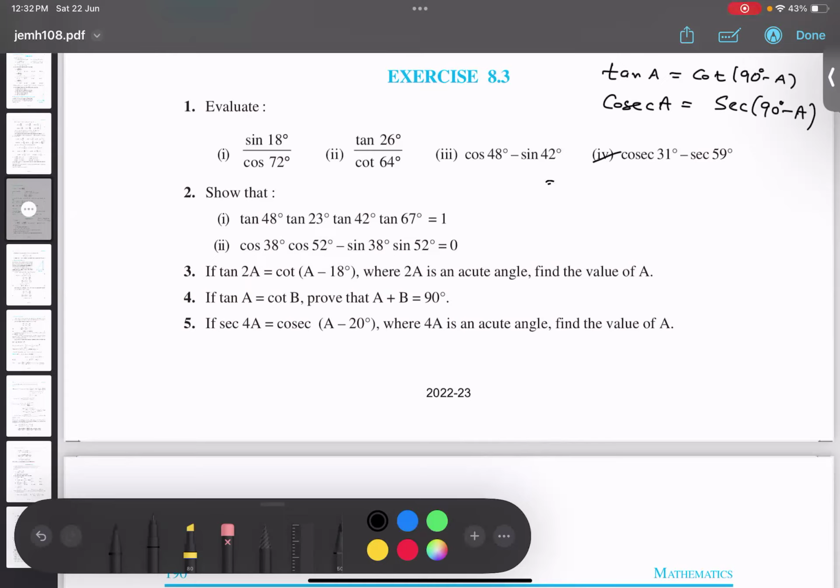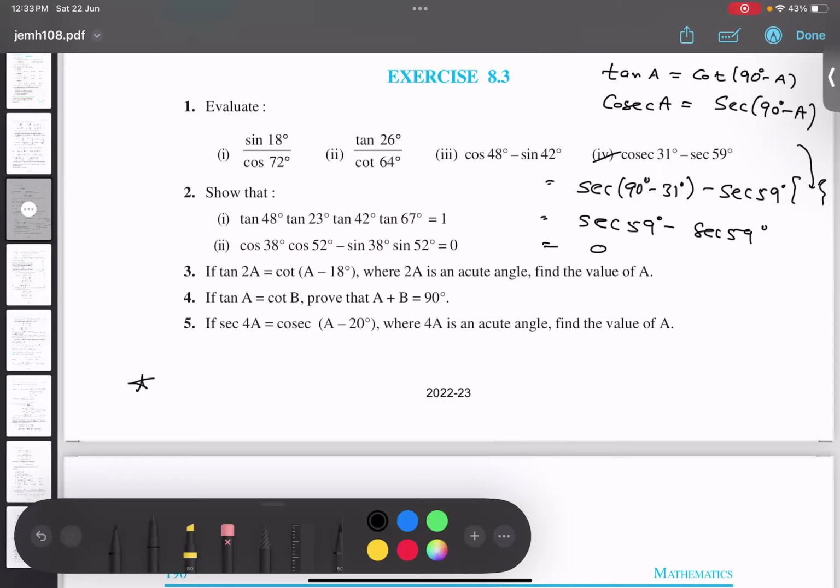So I will write this as sec (90 minus 31) minus sec 59. Make sure you write down the identity. So sec 59 degree minus sec 59 degree. They are exactly the same. Answer is 0.